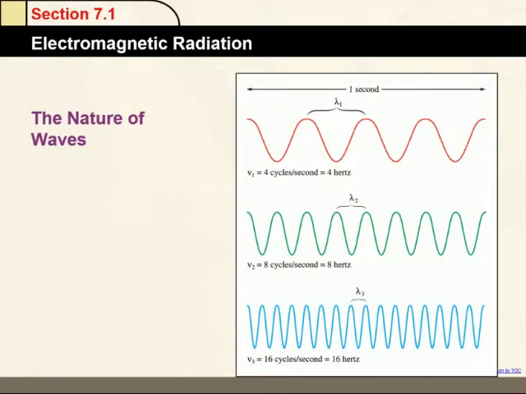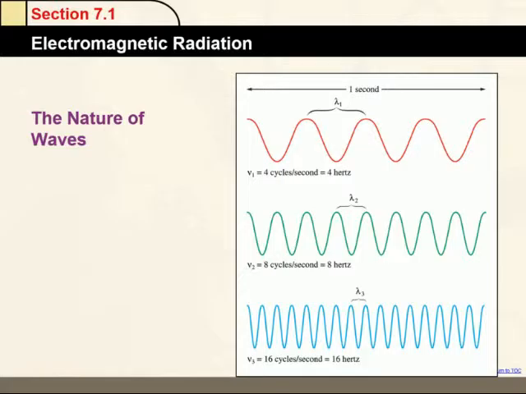Now let's continue to look at the nature of these waves. If this amount of a wave passes your eyes in 1 second, you've had 1, 2, 3, 4 wave peaks.